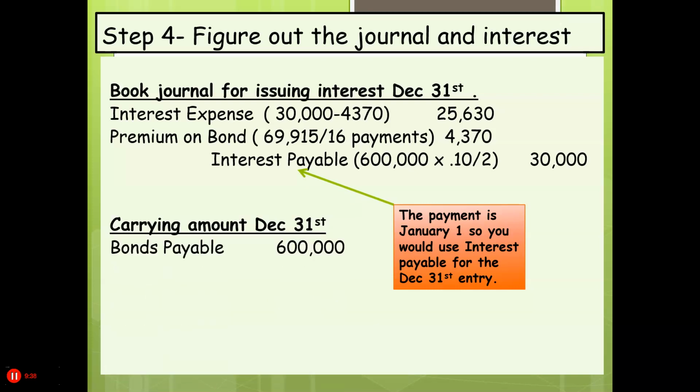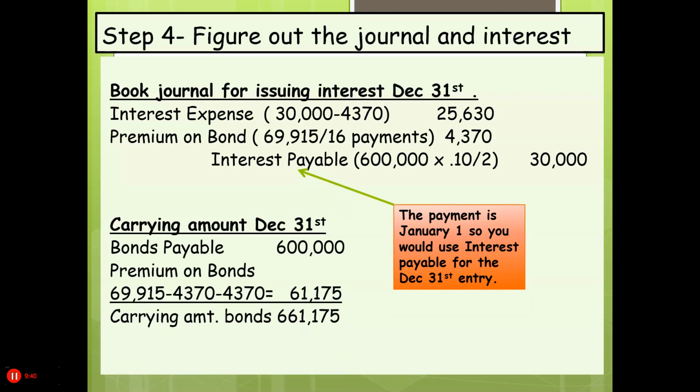December 31st, it's going to be the bonds payable plus the premium minus the 2 interest payments, which amortize $44,370. So the carrying amount is going to be $661,175.